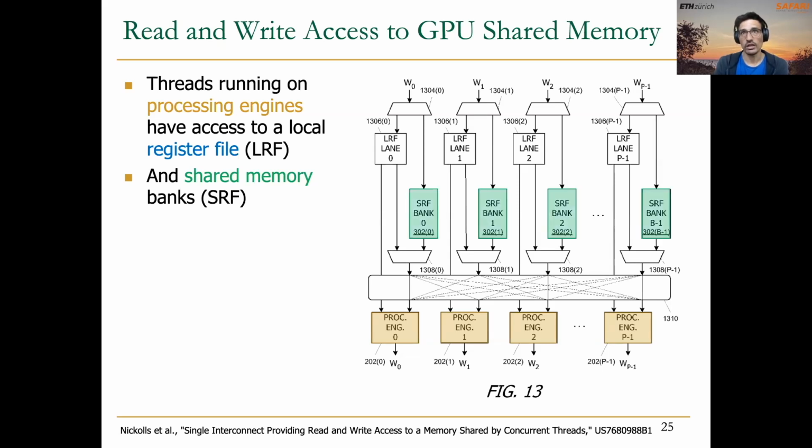We can identify as well several banks of shared register file that are the shared memory banks. And we also see some local register file lanes. So this is essentially the partitioned register file that is assigned to the different processing engines and the different threads that will run in them.